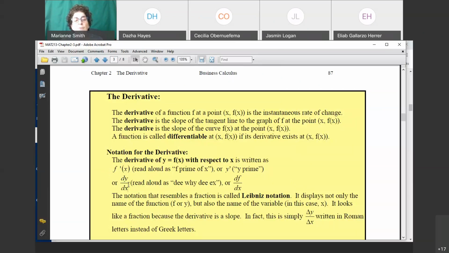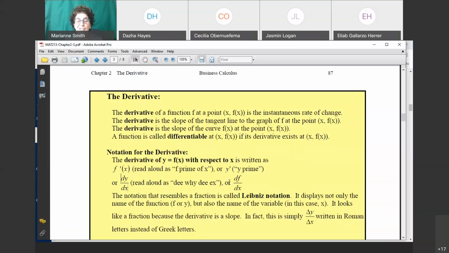Here's another way to write a derivative, and they do it in a kind of hokey way: dy dx, or df dx. This notation is called differential or Leibniz notation. I'm not going to use it that much, but you might see it in your homework or your reading, so it's worth being comfortable with it.